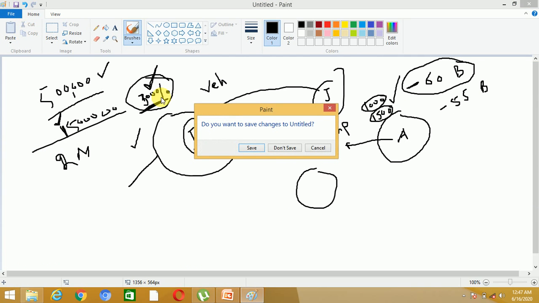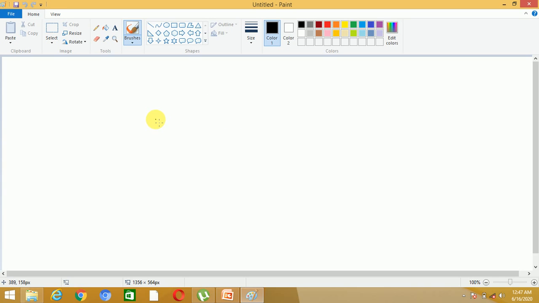Take an example. Suppose this is Afghanistan. Suppose one Afghani is equal to 2 rupees.